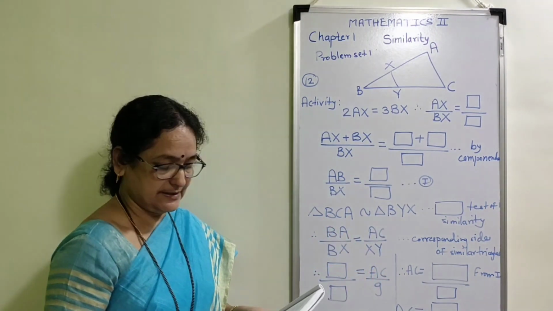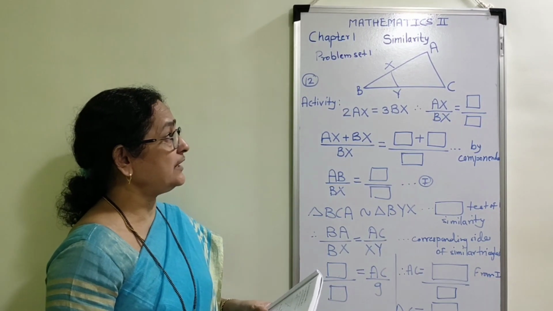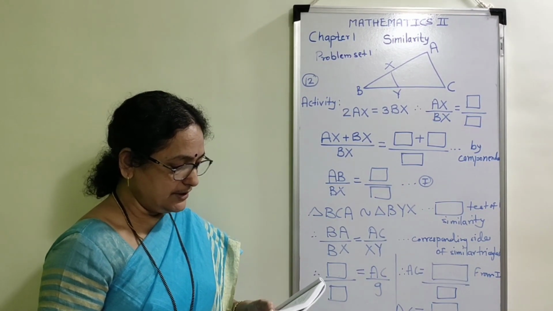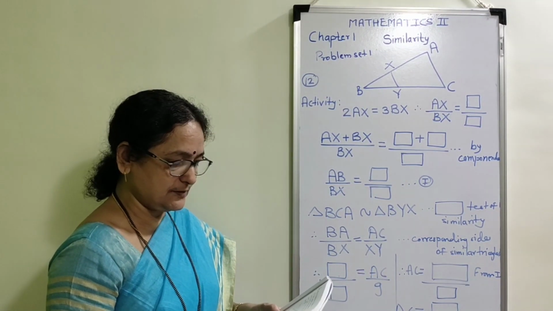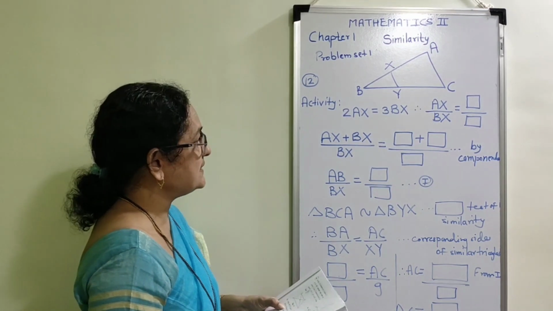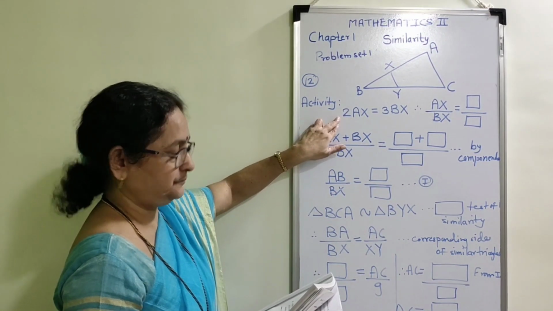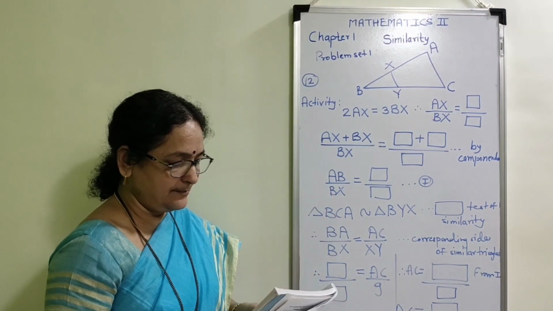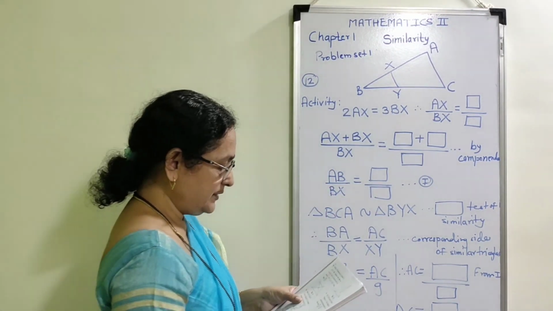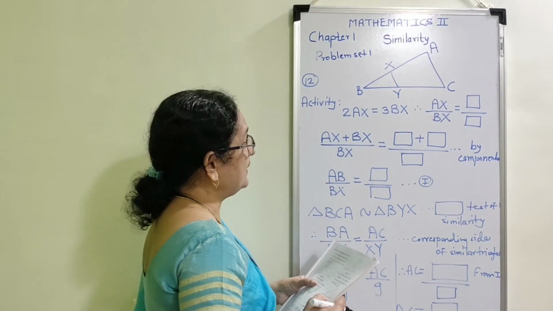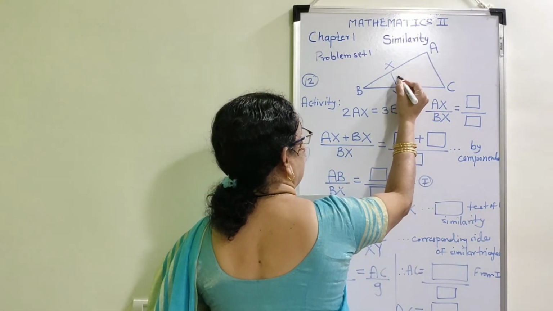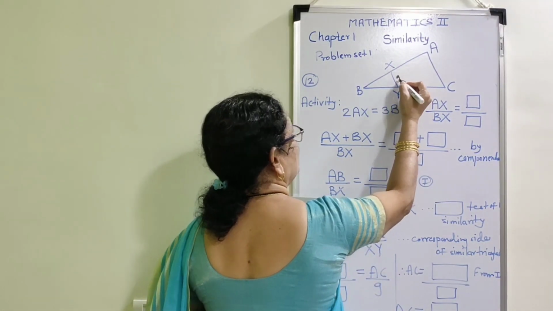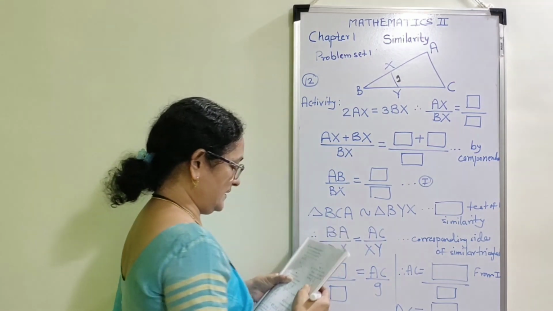This is the most important thing they have given. Now, the relationship between the two segments is also given: 2AX is equal to 3BX. They have started the example from this, and also they have given the side XY is equal to 9.